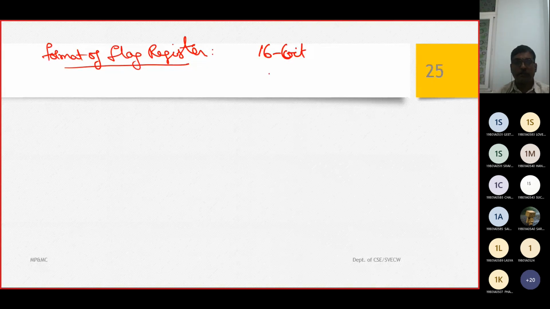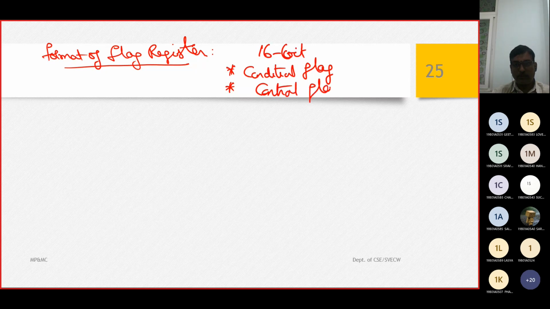And this 16-bit register, we are going to say, has two sets of flags. One we call conditional flags. Two we are going to call control flags. There are 6 conditional flags and 3 control flags.